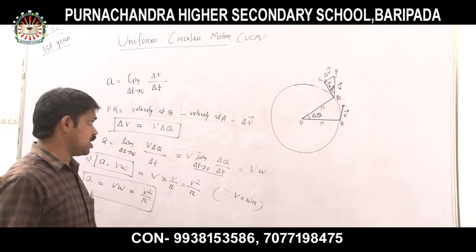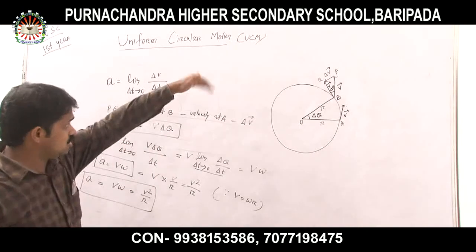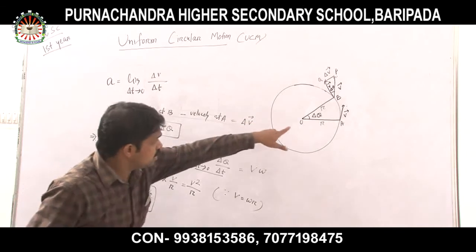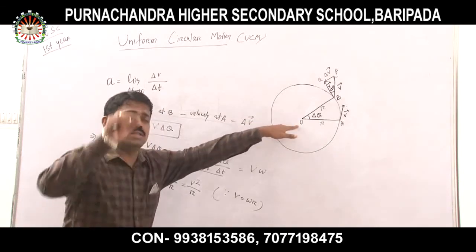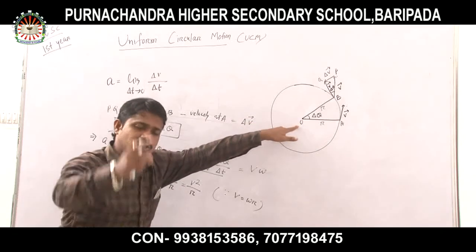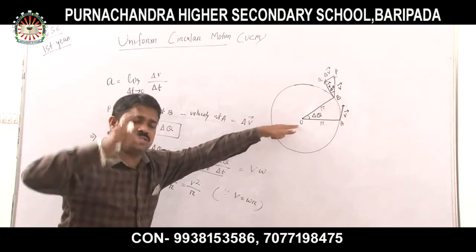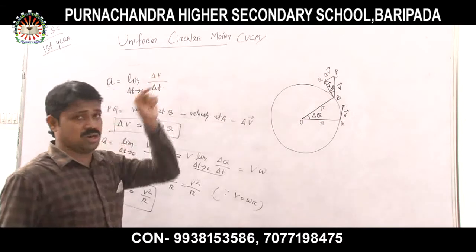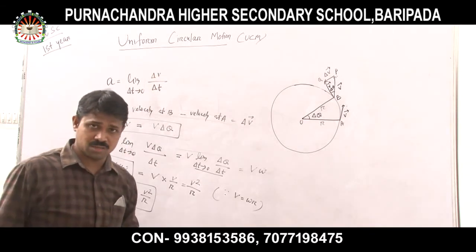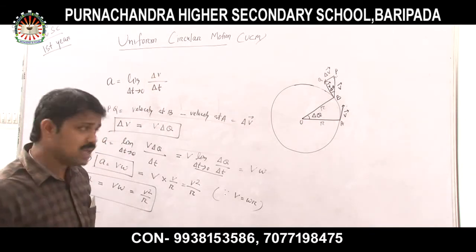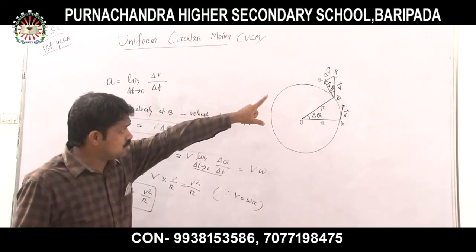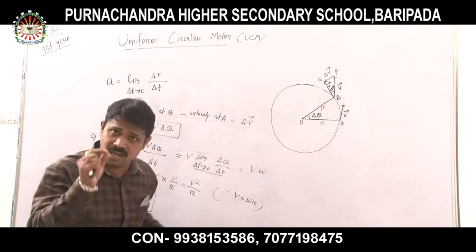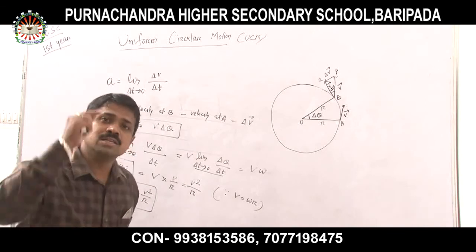This is very important. As the change in velocity is directed toward the center, the acceleration direction is also towards the center. In uniform circular motion, listen very carefully to my words, the change in velocity direction is towards the center along the radius.